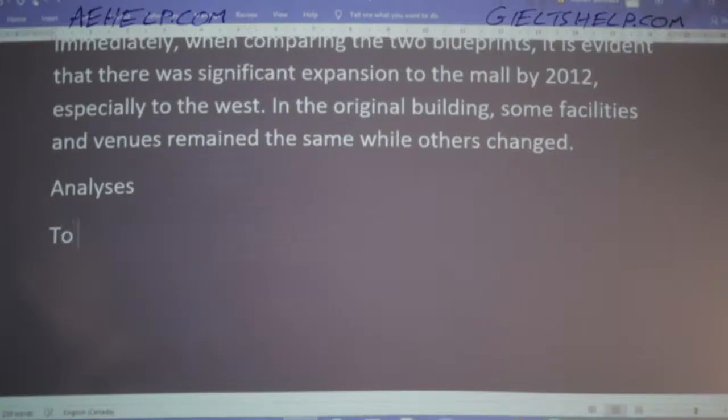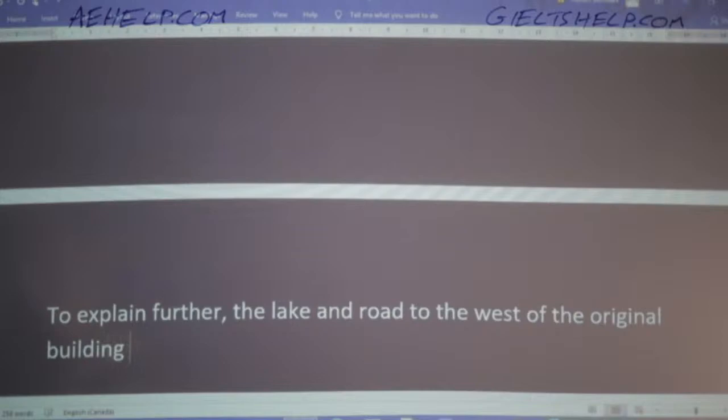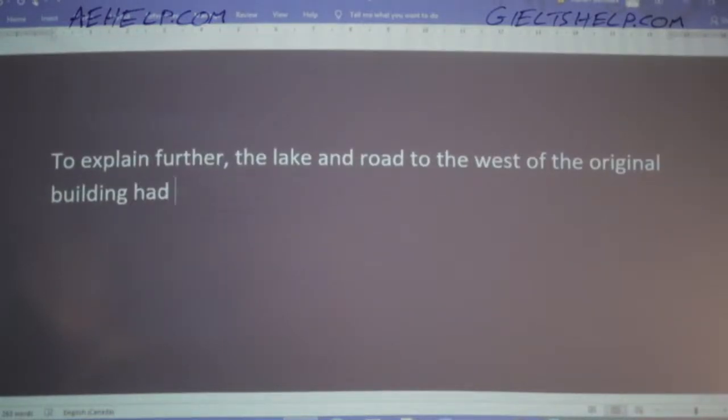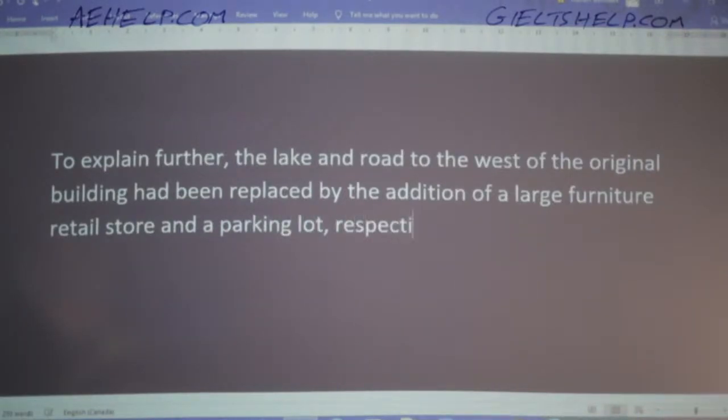So I can write something like, to explain further, the lake and road to the west of the original building had been replaced by the addition of a large furniture retail store and a parking lot, respectively.